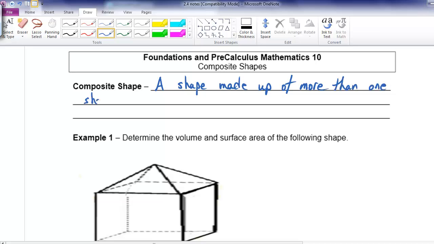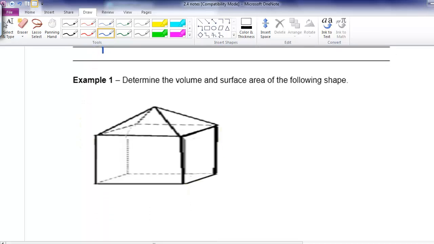The example below is an example of a prism on the bottom and a pyramid. So we see a prism and a pyramid. And prisms are not really that much of a big deal. Pyramids, again, we've got to worry about slant heights, different slant heights, heights and things like that. So they're a bit trickier.